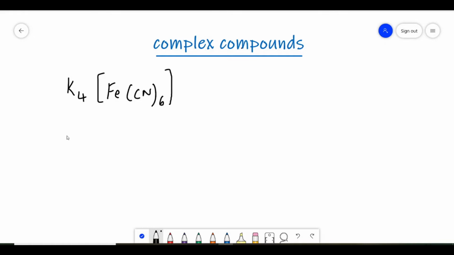And let us take one more compound, KCl.MgCl2.6H2O. This is one molecule. So in this molecule, this is called a complex molecule, and this is called a double salt.